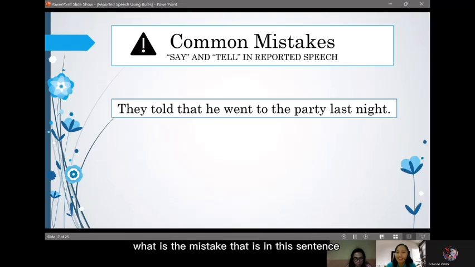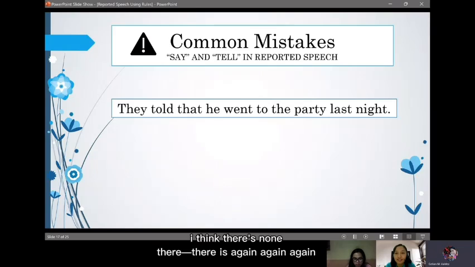If there is, what is the mistake that makes this sentence incorrect? Is there any? I think there's none. There is.